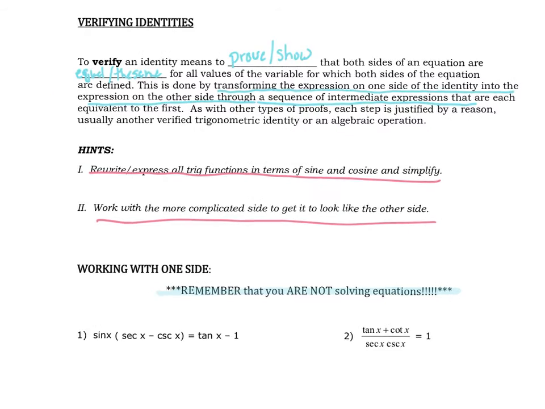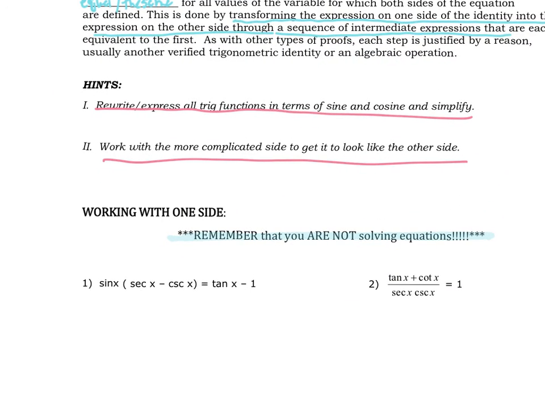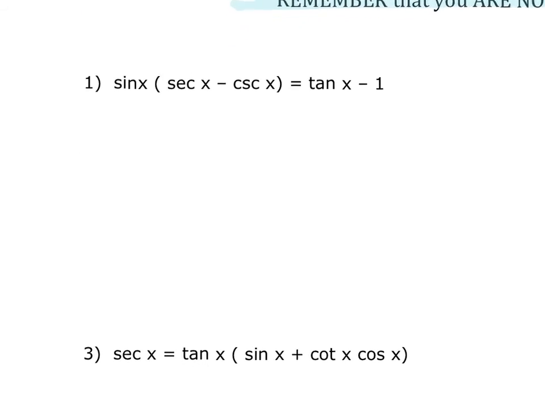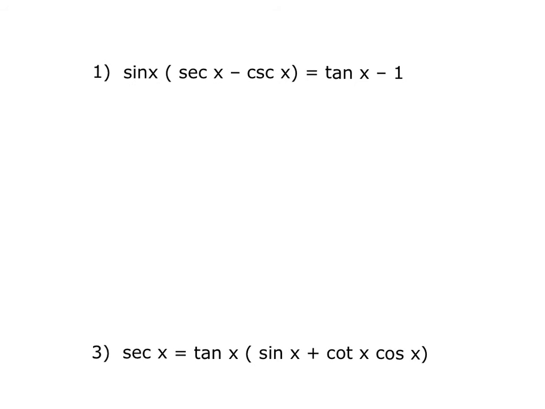And to remind us that we are not solving an equation, I actually like to draw a squiggly line down the page to remind myself I'm strictly going to work on one side and not the other, and I cannot move something from one side to the other.